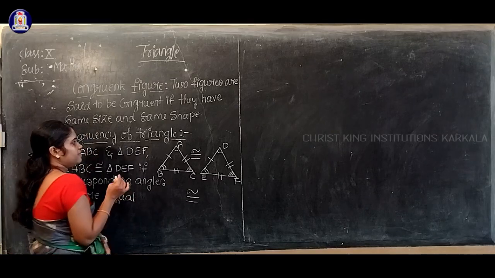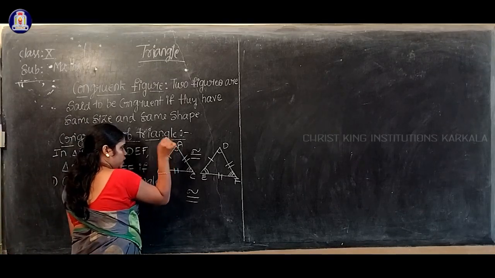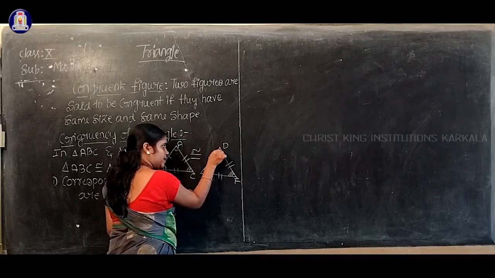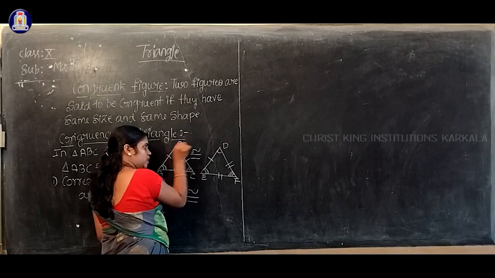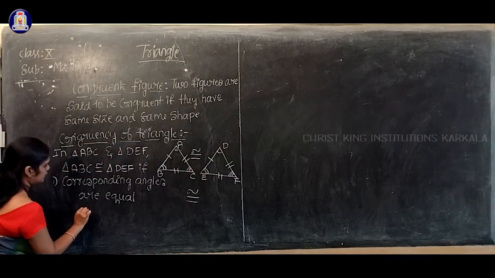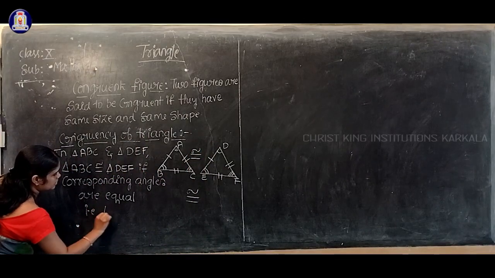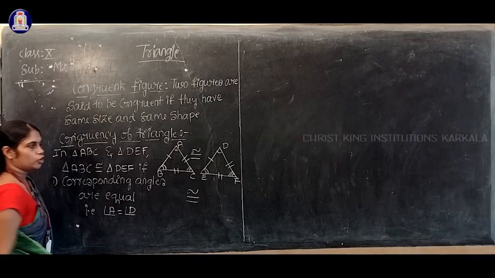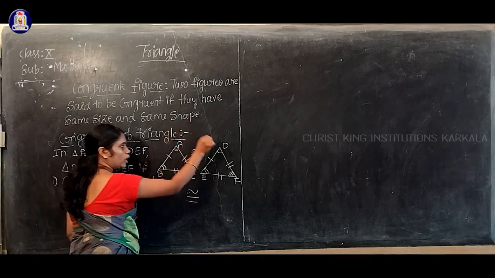First I will consider angle A. For this angle A, what is your corresponding angle? For this angle A, your corresponding angle is angle D, that is angle A equal to angle D.